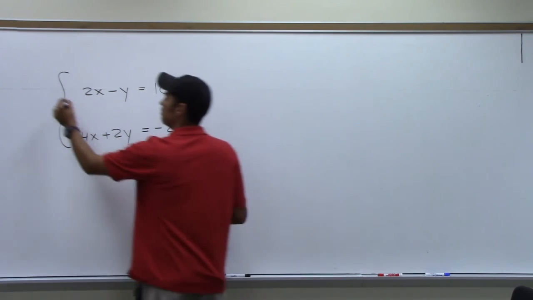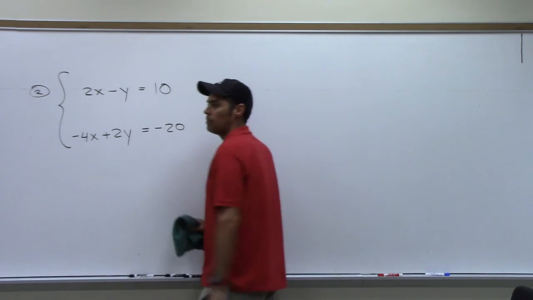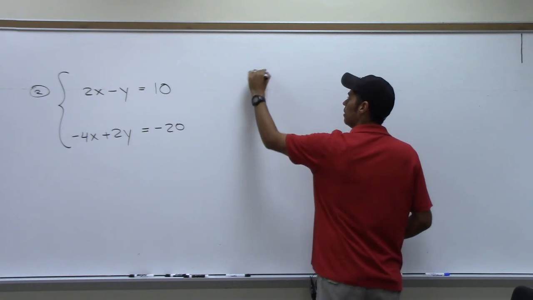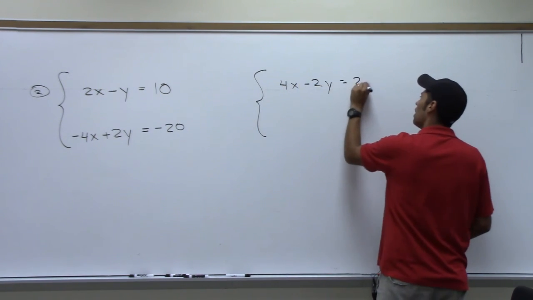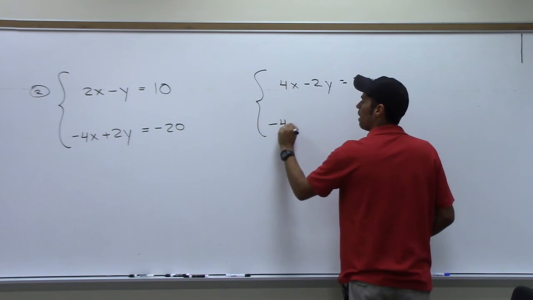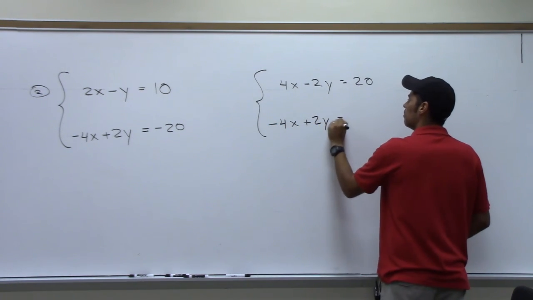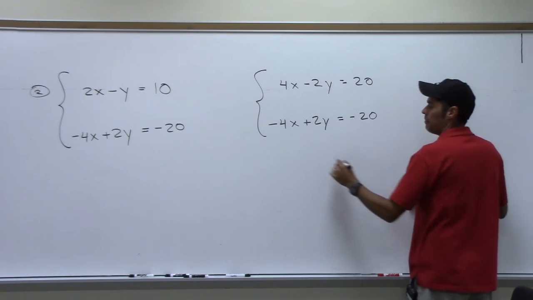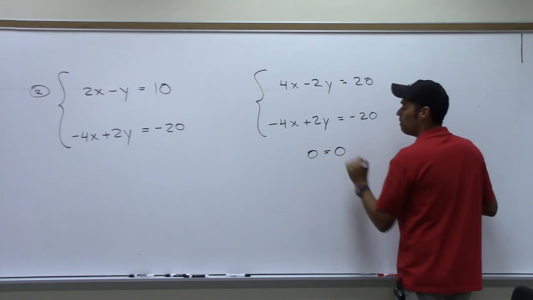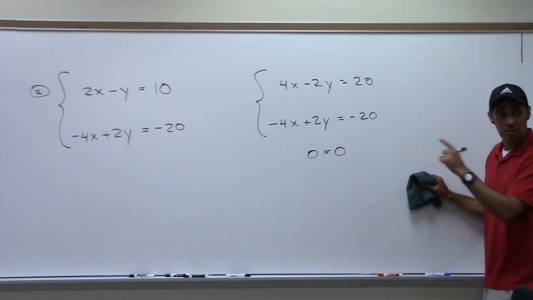Multiply this by 2. Go across. You would get 4x minus 2y equals 20. And then negative 4x plus 2y equals negative 20. And when you add straight down, what do you get this time? 0 equals 0. Now that's true.